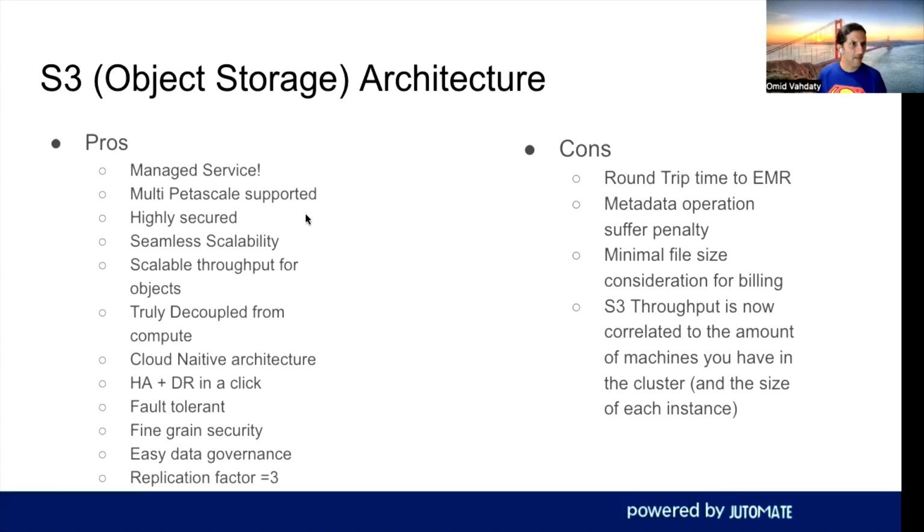So it's a managed service, meaning AWS will manage the disks for you, which is very nice. It's supported for multi-petabyte easily. It's highly secure, with seamless scalability. You don't have to worry about disk failure. And it has a scalable throughput for objects. It's truly decoupled from your compute, not like in a core node where the compute and the storage are in the same machine.